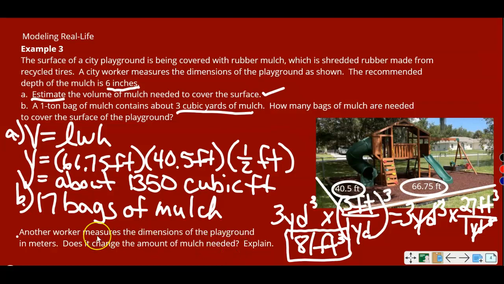They're using a different measurement, but it's still going to be the same thing. You can convert feet to meters and back and forth. You don't have to. If another worker measures it in a different measurement, that would be fine. It would still be the same amount of mulch. Once they did their calculations, they should come up with needing 17 bags of mulch as well.